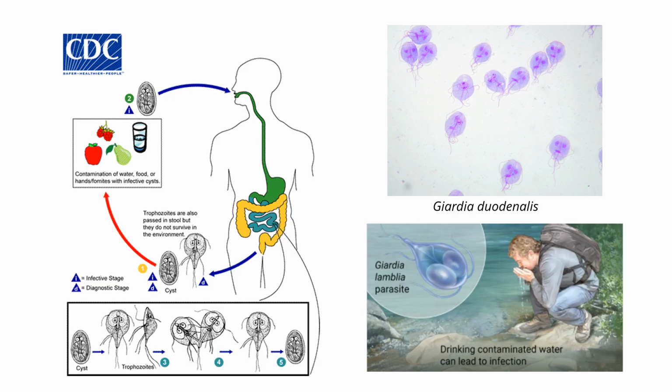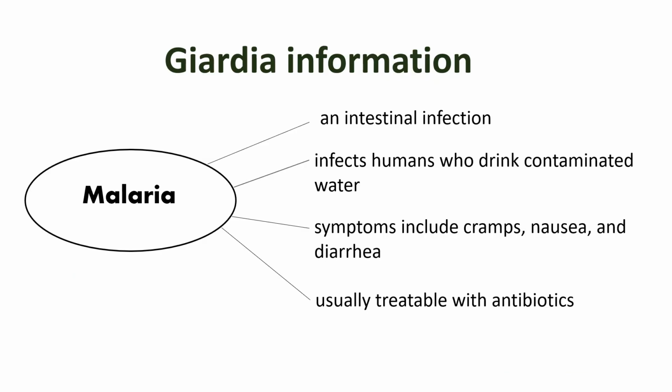So Giardia looks just like this, and you can see that they've got multiple flagella for movement. And so they'll be swimming in the water, and you drink this water that's contaminated with it, and it leads to some really nasty side effects.